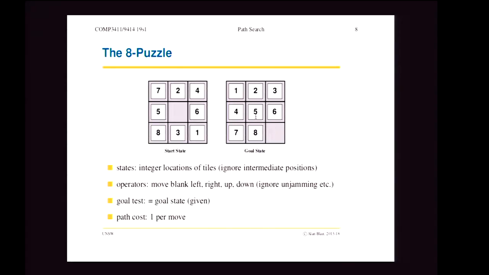The goal state, there's a unique goal state that's given, and the path cost. Now, this is important too. Normally, we regard one tile moving as one move, but there are some people. Well, for example, let's imagine we started in this state and we moved the 8 across, and then if we moved the 8 to here and the 7 to here, we normally regard that as 2 separate moves.